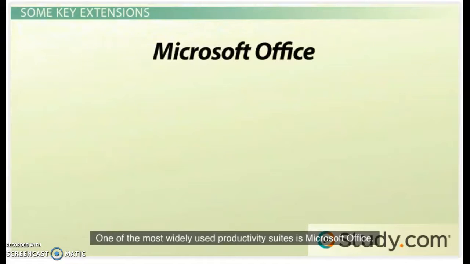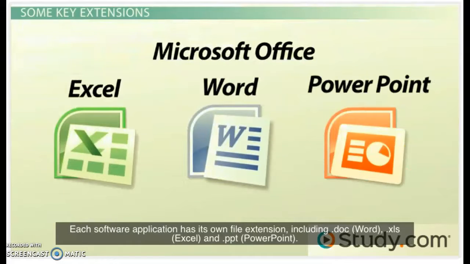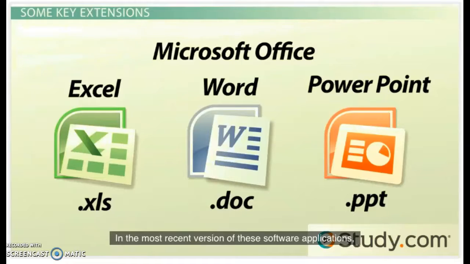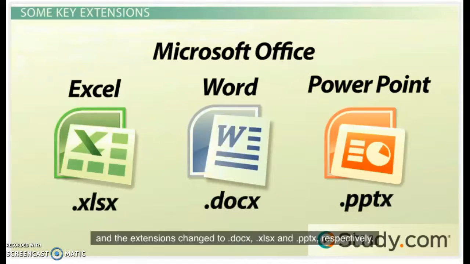One of the most widely used productivity suites is Microsoft Office. Each software application has its own file extension, including a .doc for Word, a .xls for Excel, and .ppt for PowerPoint. In the most recent version of these software applications, the extensions changed to .docx, .xlsx, and .pptx, respectively.